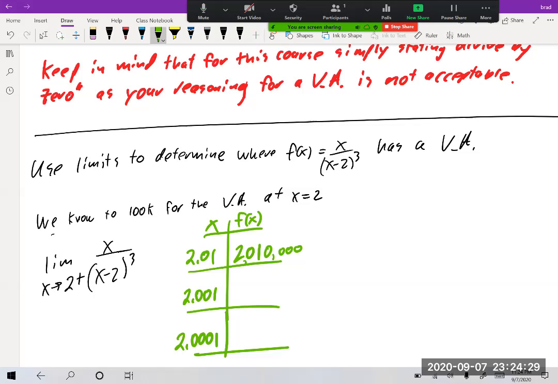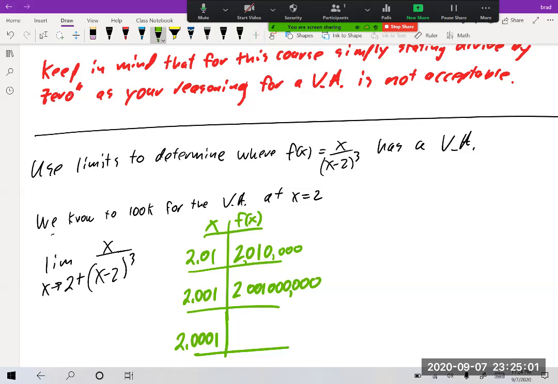Let's do 2.001 divided by (2.001 minus 2) to the power of 3. Yeah, so I get a massive number again.